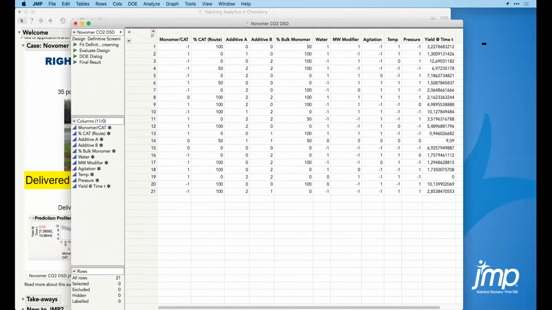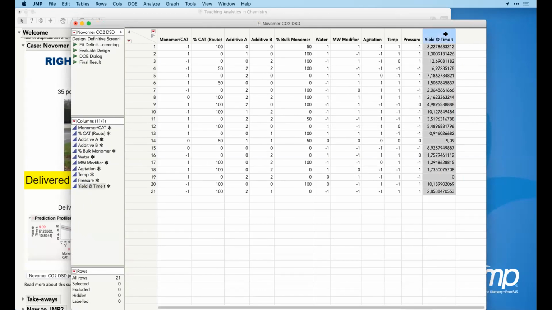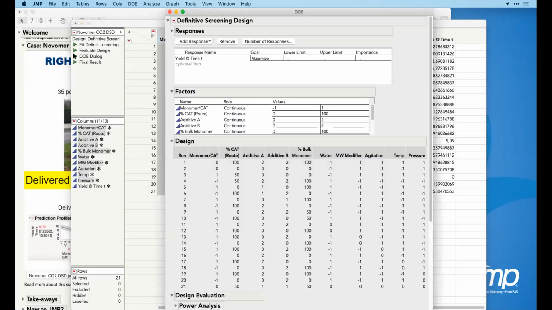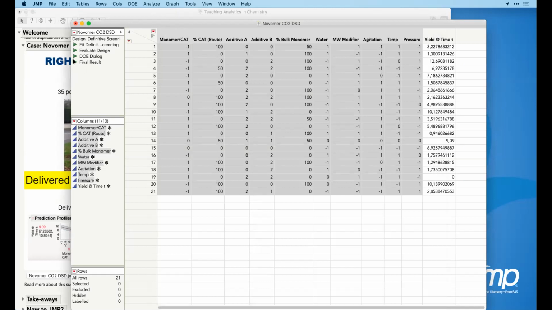So here you see the response measurements, and we also see the 10 process settings, our factors. And you can also go back to the design where you see that this was a definitive screening design they used, both for screening, but also for the optimization step to find the best settings.